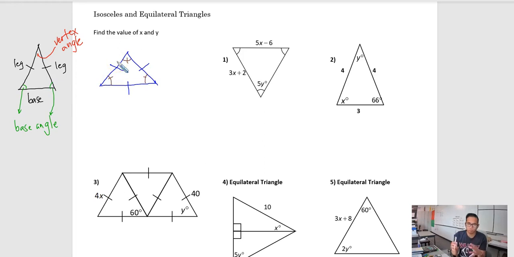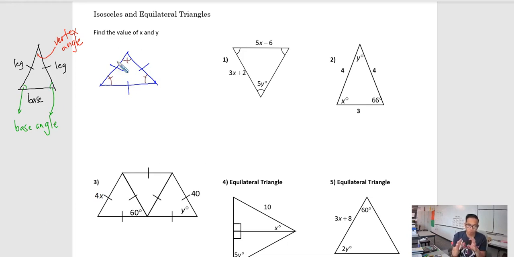Now, if all the angles inside your equilateral triangle are congruent, and on the previous topic we discussed triangle angle sum, if you add all the angles inside a triangle, it sums up to 180.